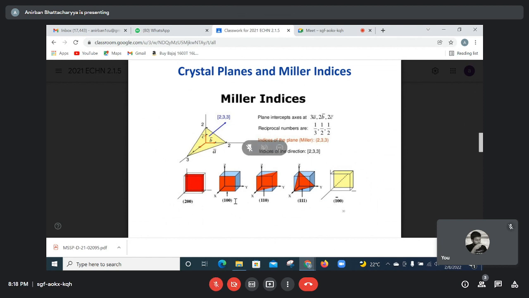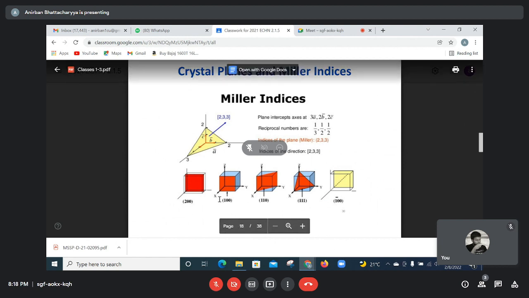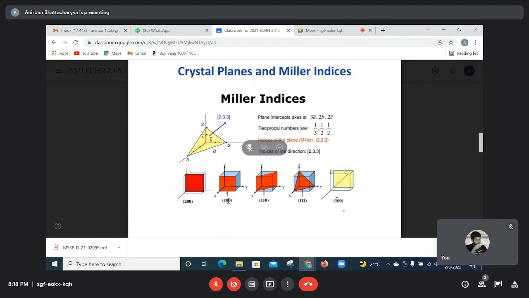So what you need to do is take the intercepts. Let's go back to these lines. The plane intercepts the axes at some numbers. And then you take the reciprocal of those numbers and then simplify them. The reciprocal of infinity is 0. So this plane is the 100 plane, because it cuts the x-axis at some point, and it does not cut the y and the z axis; it cuts them at infinity.